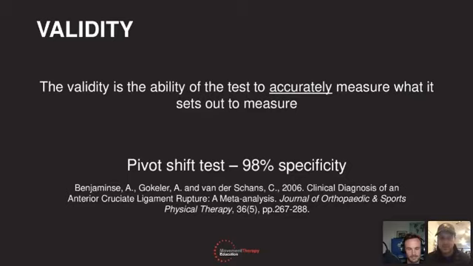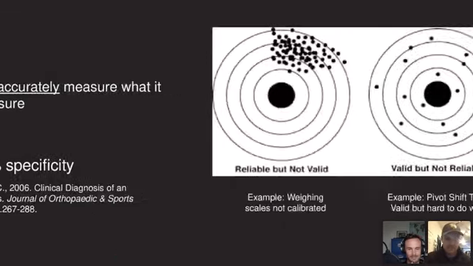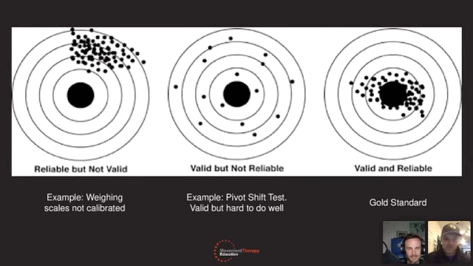They looked at the pivot shift test and said it had a 98% specificity. So if you tested 100 people, 98% of them would have that condition. It's a valid test because it does what it says it should do most of the time. Pretty accurate. So this is putting the two together.